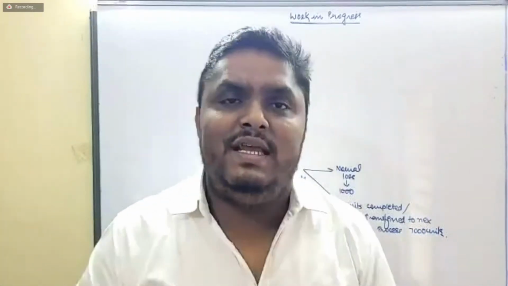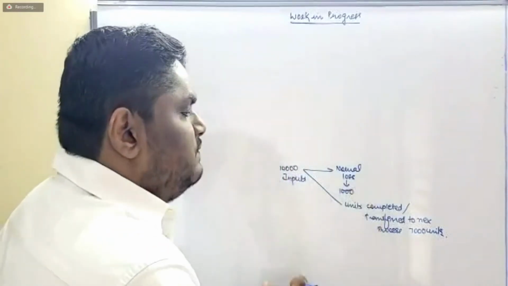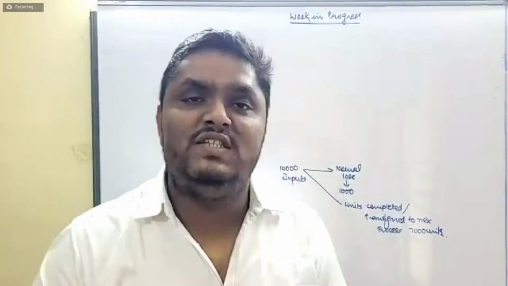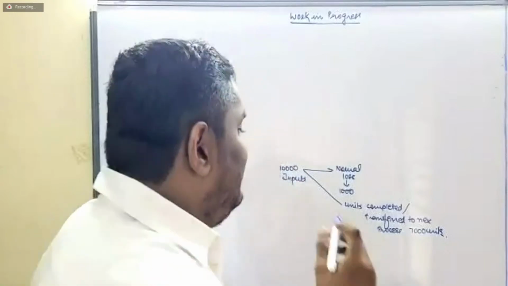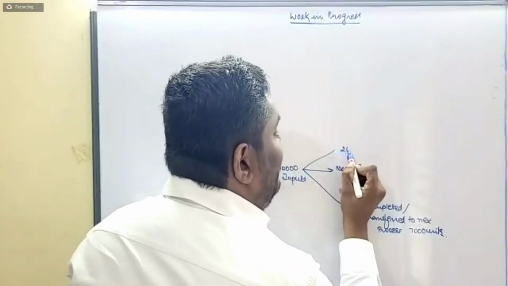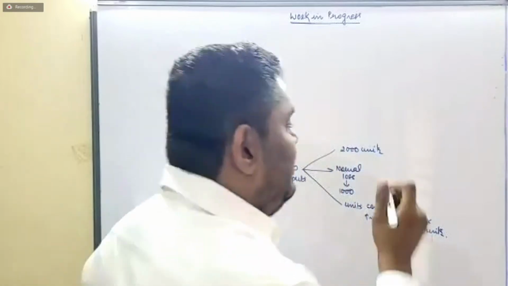So out of these 10,000 units as input, 1,000 was normal loss, 7,000 units were transferred to the next process. Still, we are left with these remaining 2,000 units.